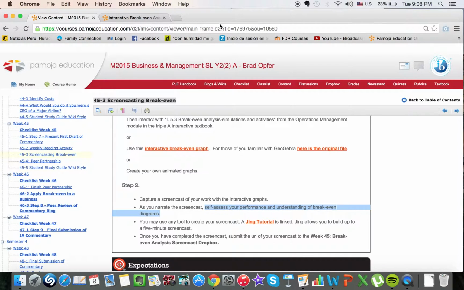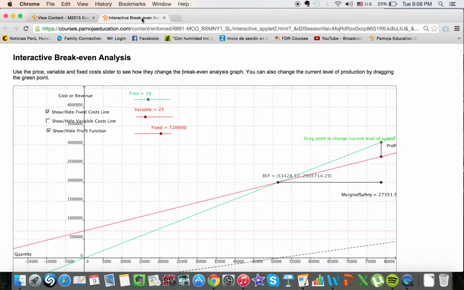Personally, I feel I am doing really good in this topic. I had previously covered this kind of graphs in economics. However, there are some differences. For example, in economics, we didn't use formulas to find the break-even point. Instead, we just plotted the lines, and that's how we found the break-even point.